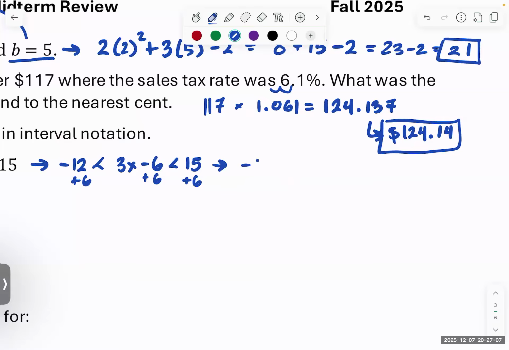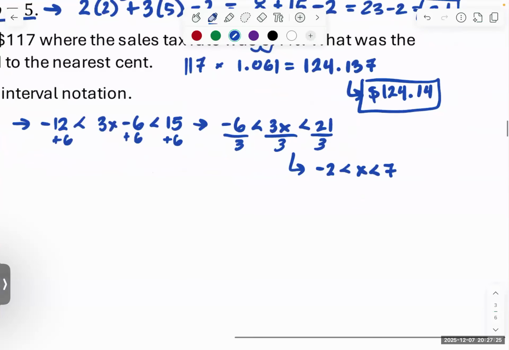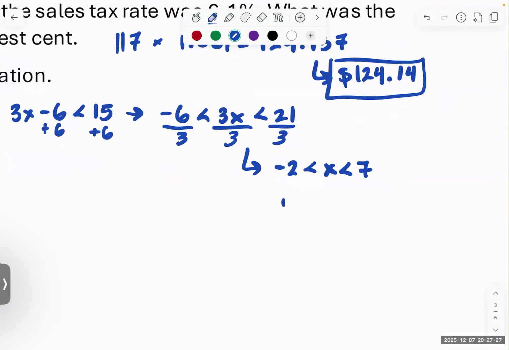This is negative 6 is less than 3x is less than 21. Divide all sides by 3. So this is essentially like a more interesting way of solving an equation. Negative 2 is less than x is less than 7. And it wants this in interval notation. So in interval notation, this is negative 2 comma 7.